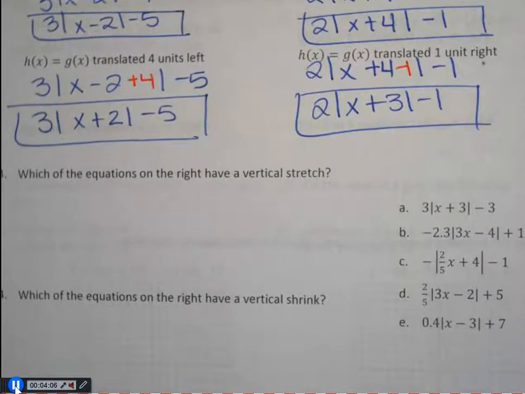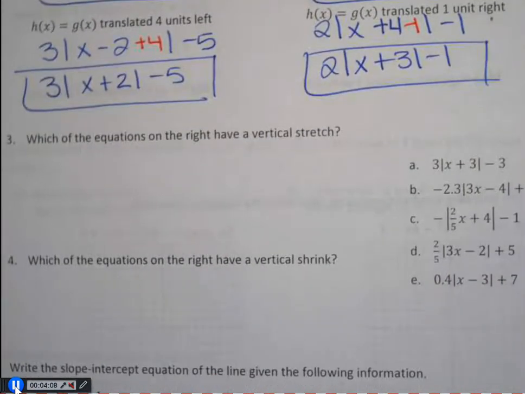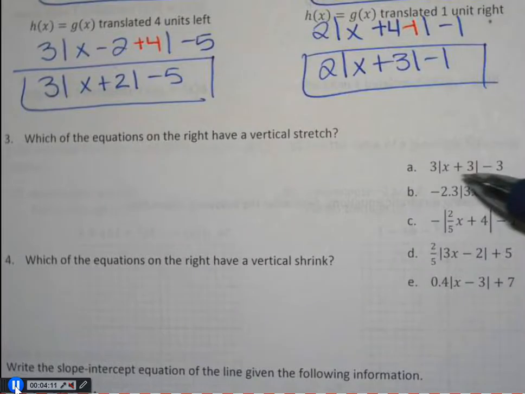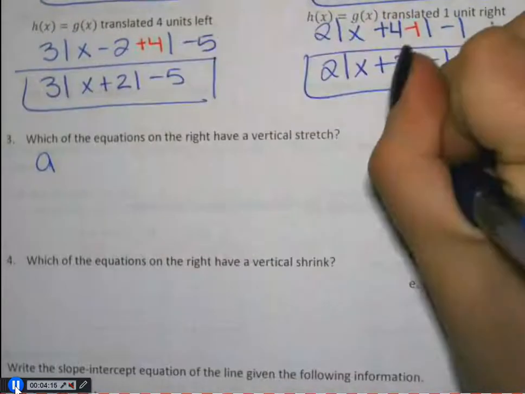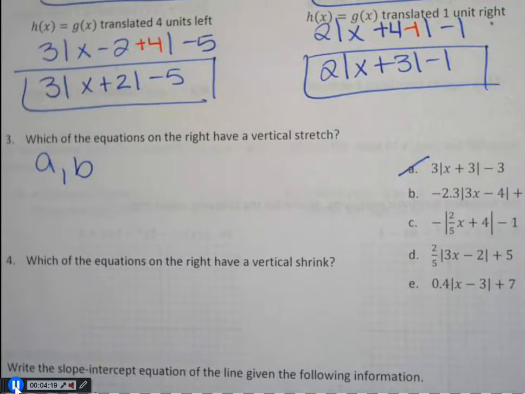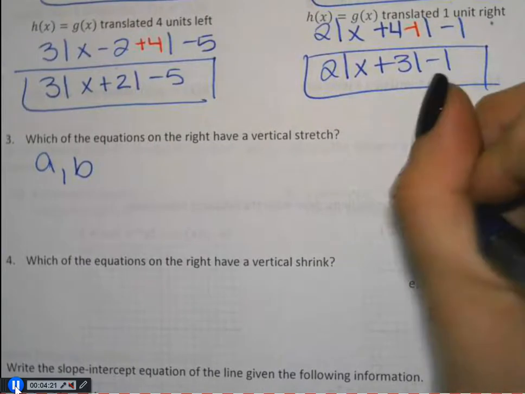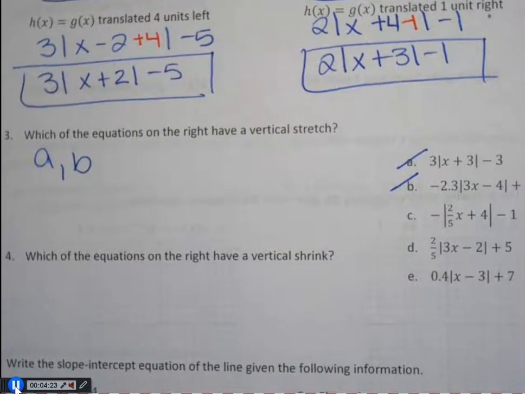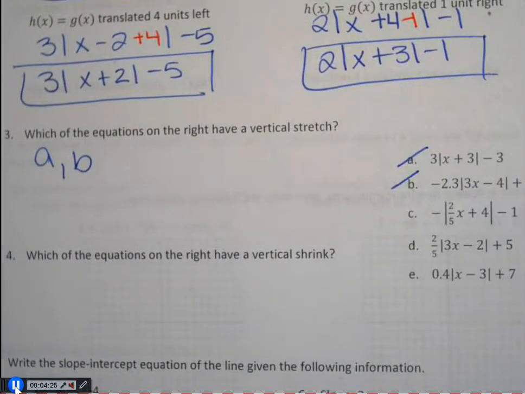Okay, so number 3 is looking for equations that have a vertical stretch. Vertical stretch is a number on the outside that is more than 1. So this is A, B, because signs don't matter, so it can be negative. It doesn't matter that it has a negative, it just matters if the number is more than 1, on the outside.